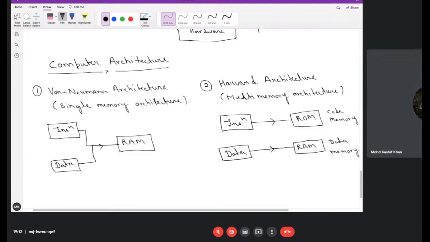The second is multi memory architecture, or you can say Harvard architecture. I have written on the board.